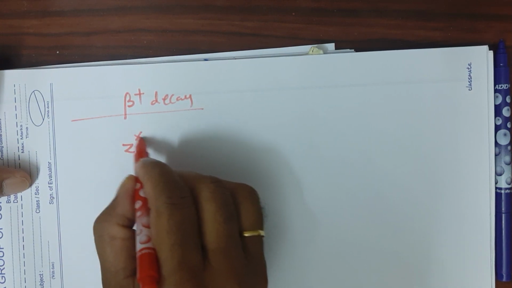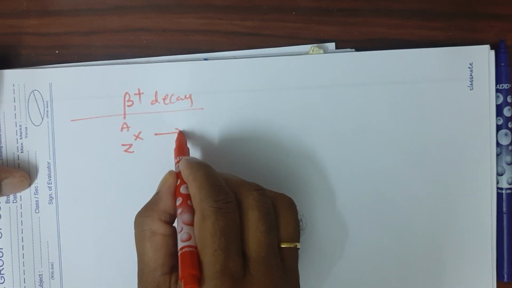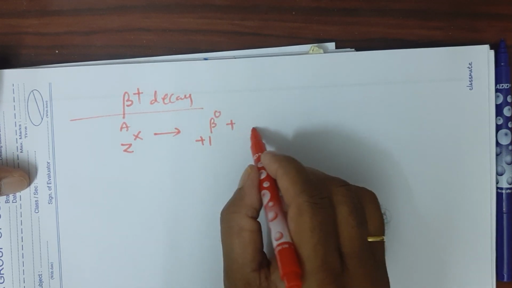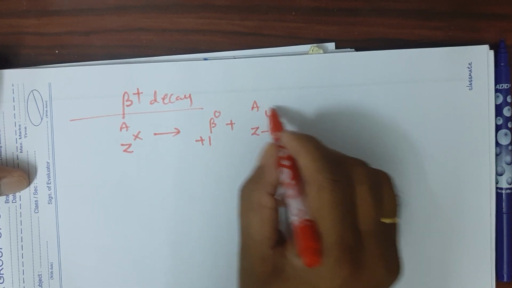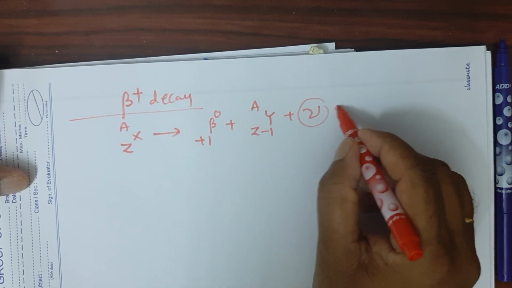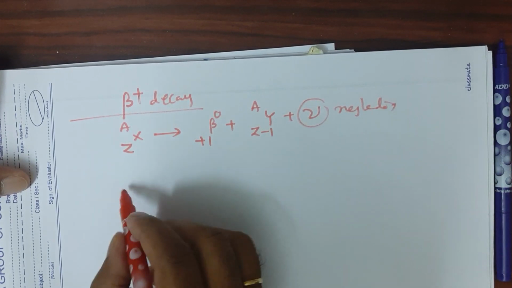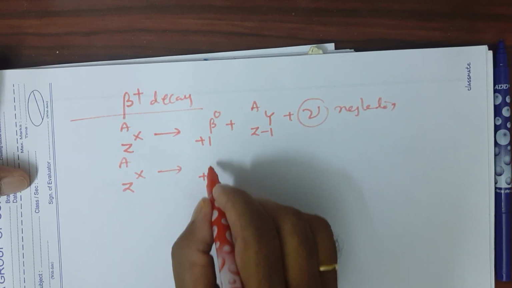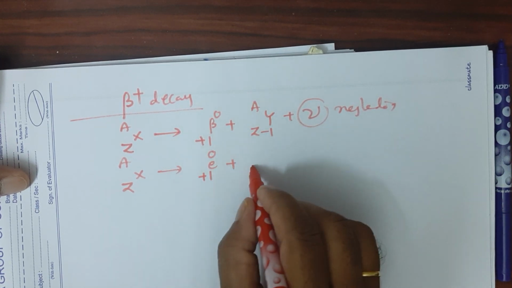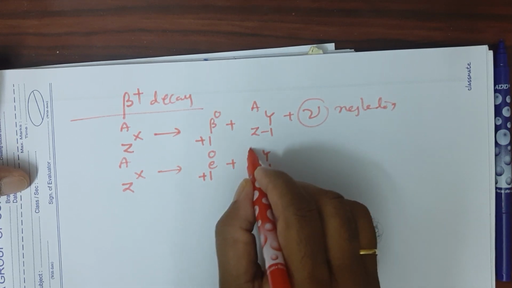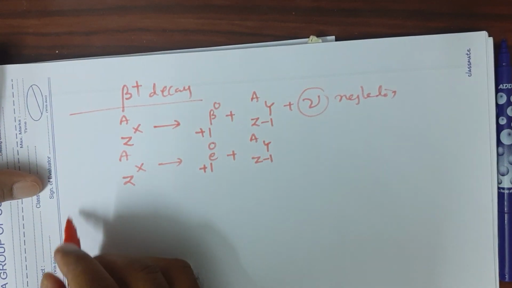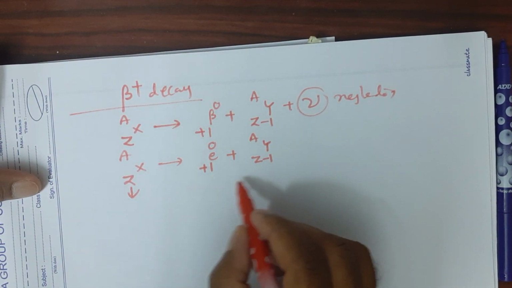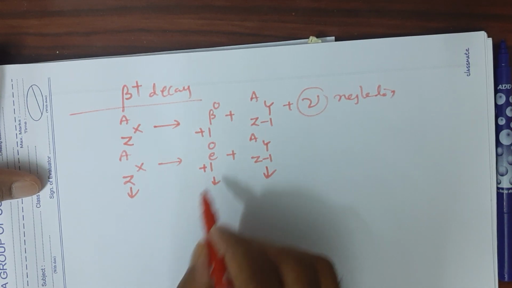For this, the representation of this reaction is Z X A gives rise to positron, +1 beta 0, plus Z minus 1 Y A plus neutrino, which is neglected. You can write it as Z X A gives rise to +1 e 0, the positron, plus Z minus 1 Y A. This is the initial nucleus, this is the final or daughter nucleus, and this is the electron.